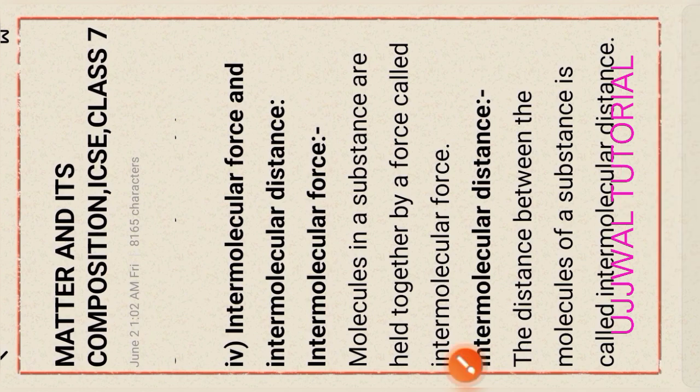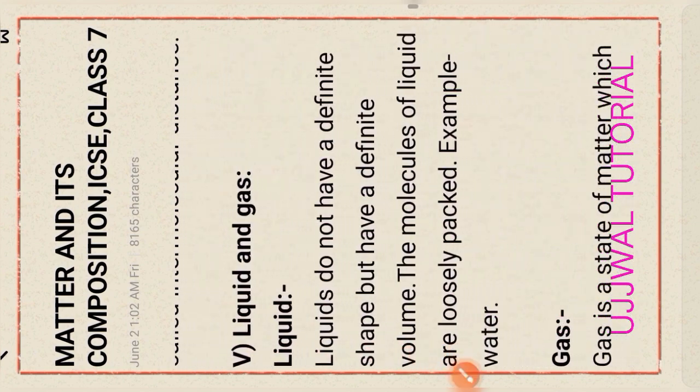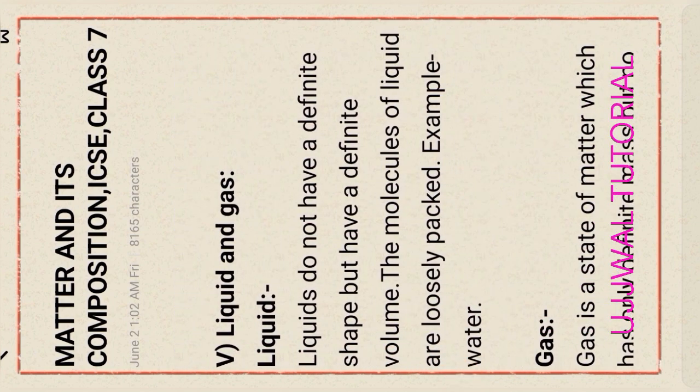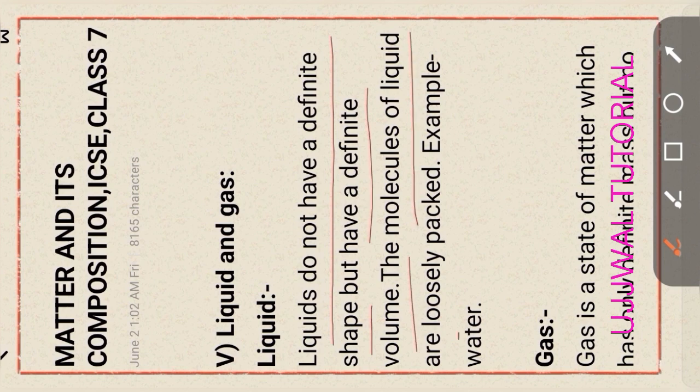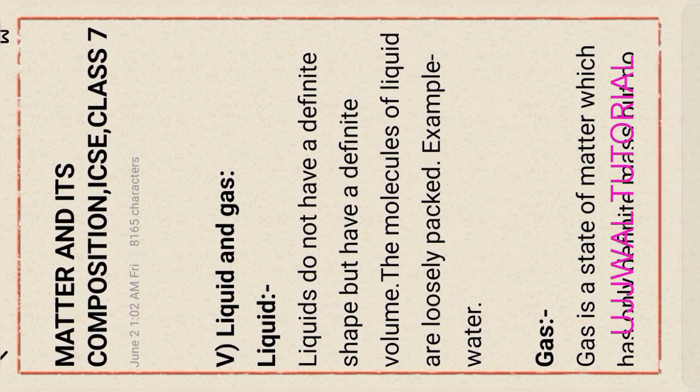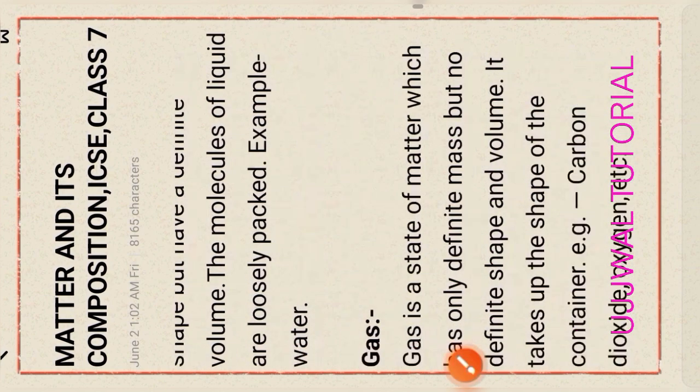Next difference type: liquid and gas. Liquids do not have a definite shape but have a definite volume. Molecules of liquid are closely packed. Example: water, H2O.